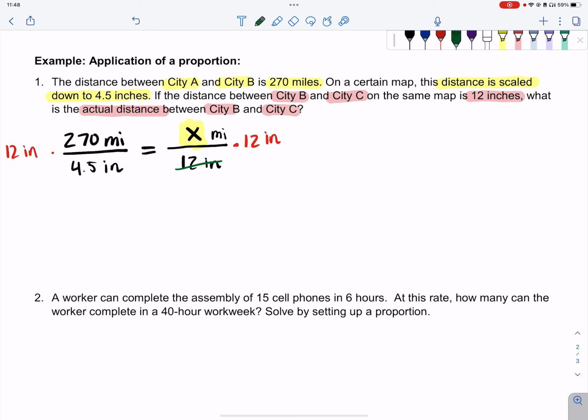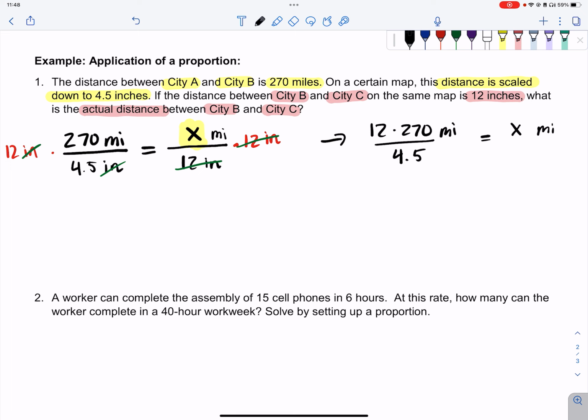This then cancels out the 12 inches on the right side, and on the left side of the equation, I actually have inches canceling out. So now this is going to leave us with that 12 times 270 for our miles divided by 4.5. And that is equal to our x number of miles.